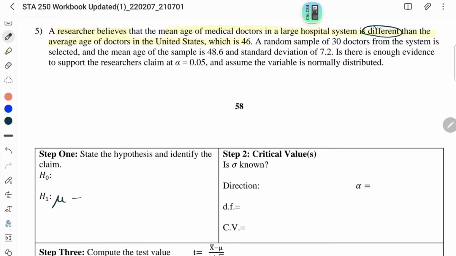Mu does not equal 46 years of age because it says that it is different. And that is the claim. Now, when it comes to the null hypothesis, there is no difference between the parameter, which is mu, and a specified value that represents the parameter, and that is going to be 46.